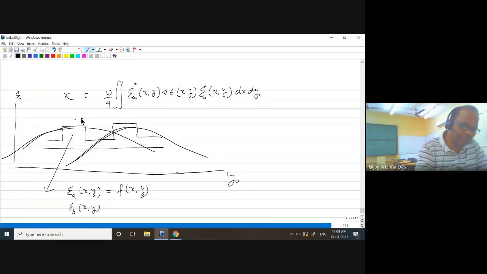If their center to center separation is, for example, G, then E_B(x,y) can be written as F(x, y minus G), right? If they are identical waveguides, we can define that their profile is similar, but laterally shifted.